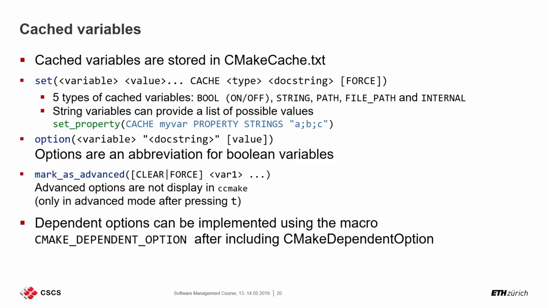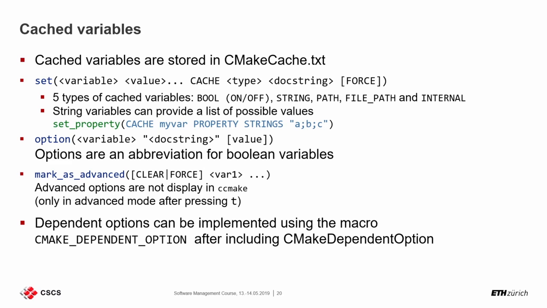Now I was already referring to cached variables several times. So you saw in my example this option. So normal variables that you create with set, they are not cached. So when you run CMake, they are set to some value used and then later forgot.